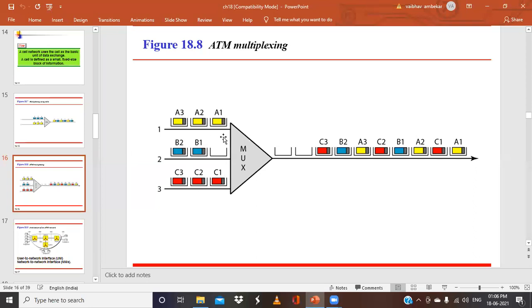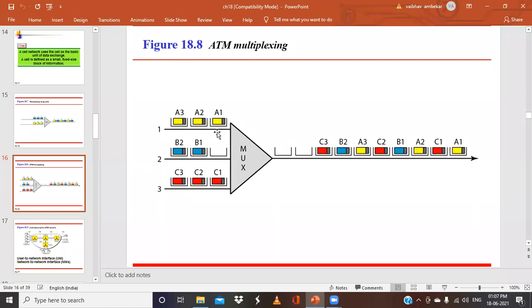All these cells will be multiplexed with the other cells from different channels or different links, and then time division multiplexing will be used. This ATM uses asynchronous time division multiplexing, and it fills the time slot with a cell from any input line.